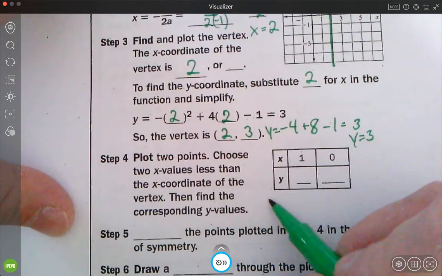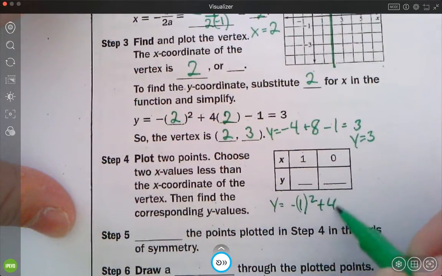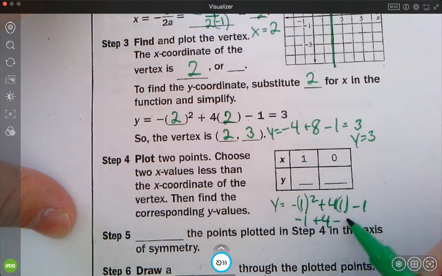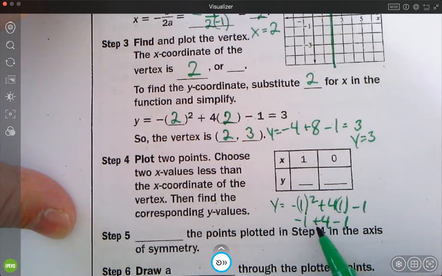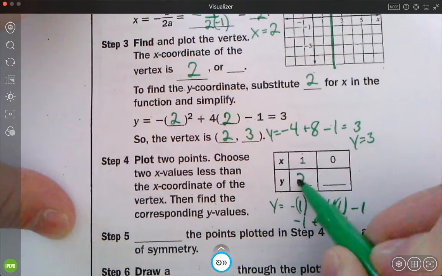I'll do y equals negative 1 squared plus 4 times 1 minus 1. So I get negative 1 plus 4 minus 1, and that's 3 minus 1, which is 2. So I'll put y equals 2 there.